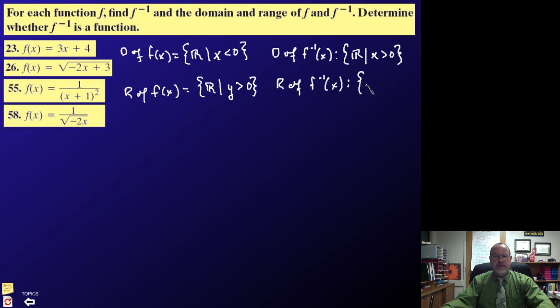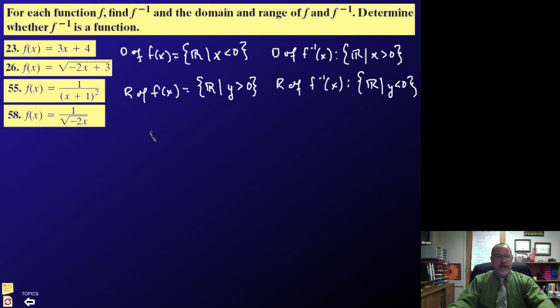So the domain here is all real numbers such that x is less than 0, but I'm swapping that out for my range, so y is going to be less than 0. I think I said greater than, that's going to be less than. So I have the domain and range of my original and the domain and range of my inverse, so now I can go ahead and determine what the inverse actually is.